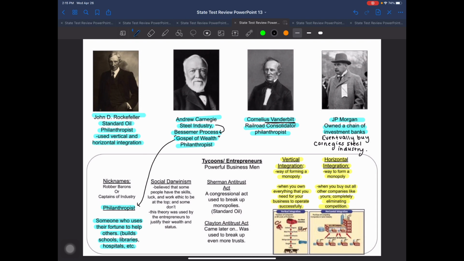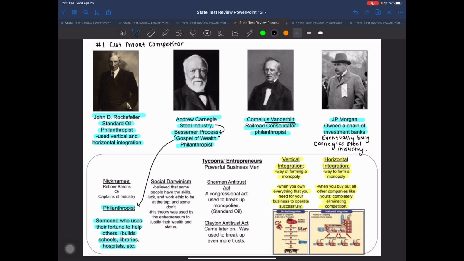And just to kind of cut to the chase here, the wealthiest, most influential entrepreneur on this list, all right, we're going to put number one, is Rockefeller. And I know he was a philanthropist, and I know he did a lot of good, but I need y'all to also understand, he's going to be the number one cutthroat competitor.